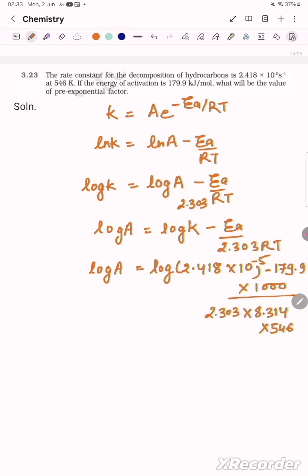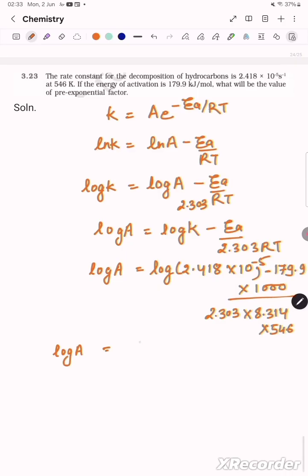Now we will solve this. First we write all the variables correctly, as it creates confusion. Log 2.418 and 2.303.